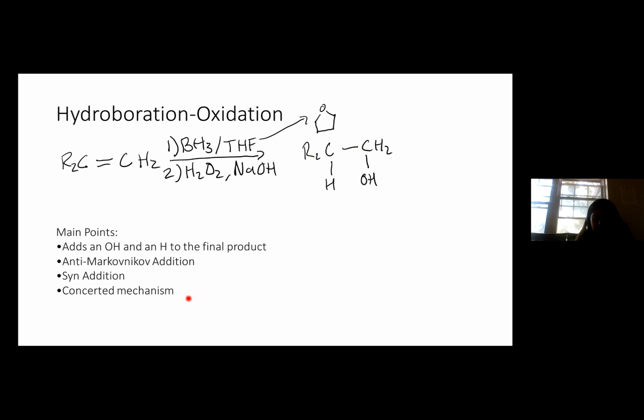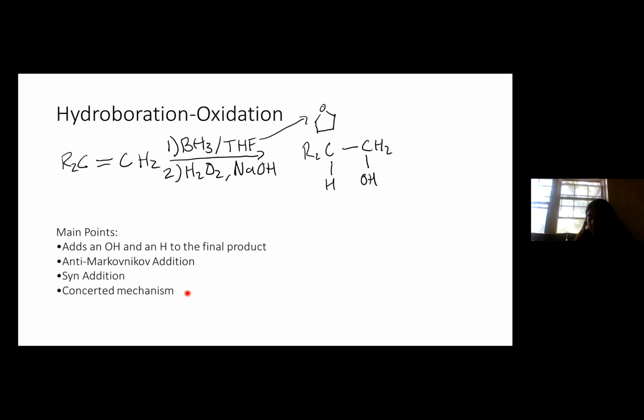And lastly, there's going to be a concerted mechanism. So Corel kind of mentioned it as well. But essentially what this means is that there's going to be breaking of bonds, and bonds are going to be created, and that's going to occur at the same time. So with concerted mechanisms, because everything is occurring at the same time, you don't have a carbocation intermediate.